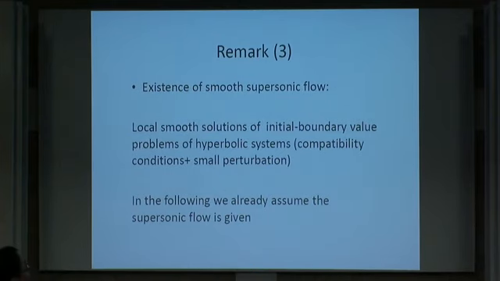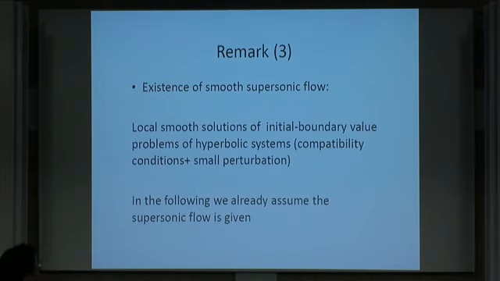The third one is about the existence of a smooth supersonic flow. Here we have the supersonic Cauchy data, and here we have the slip condition. So for the supersonic flow, we can just solve it. We have initial data and boundary data.